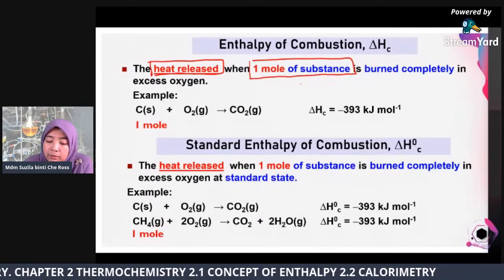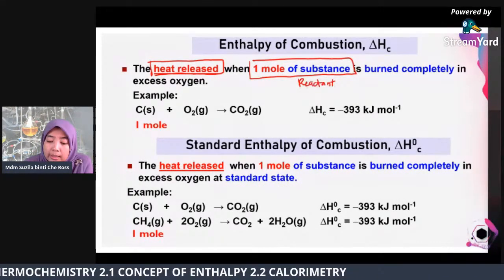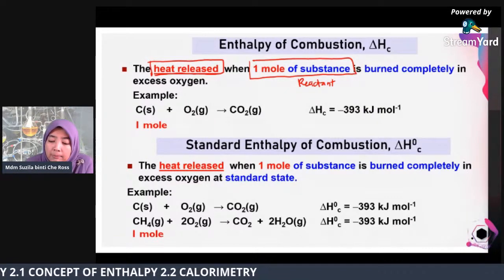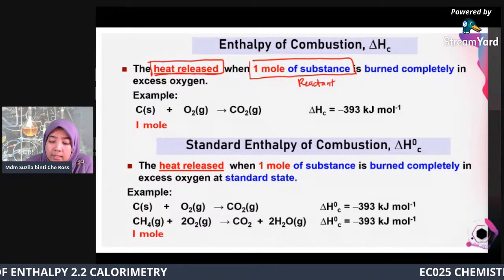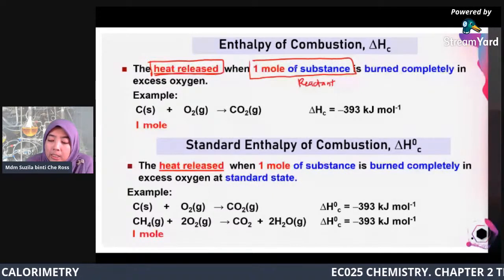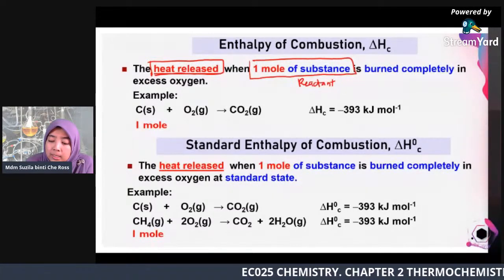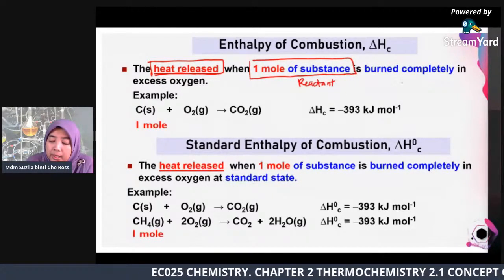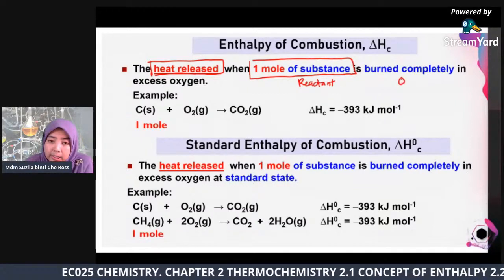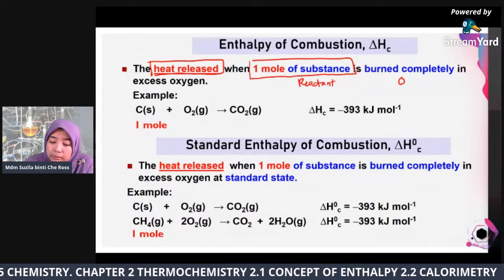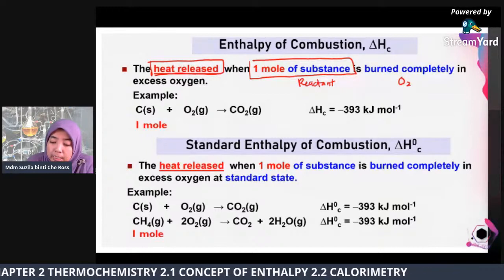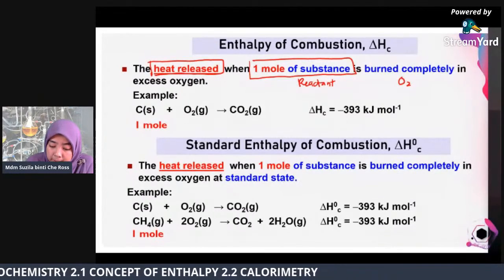Therefore, if you want to write the equation for enthalpy of combustion, you must make sure the reactant is 1 mole. Burn completely in excess oxygen, that means your reactant will react with oxygen. Okay, so this is an example for enthalpy of combustion.